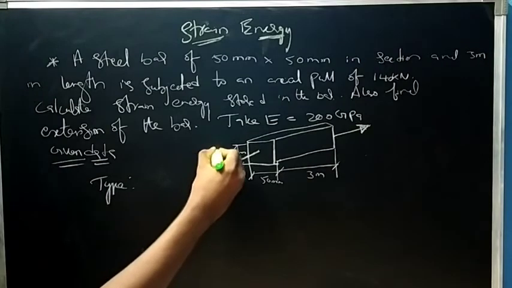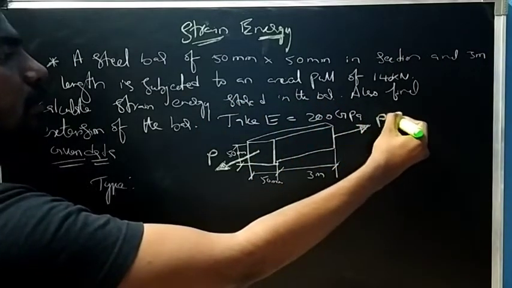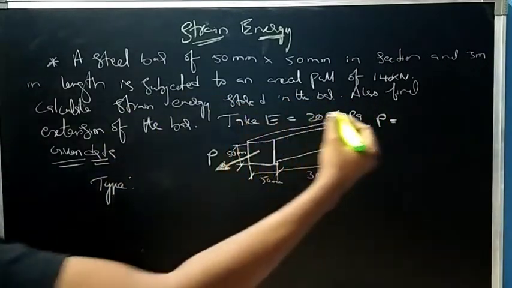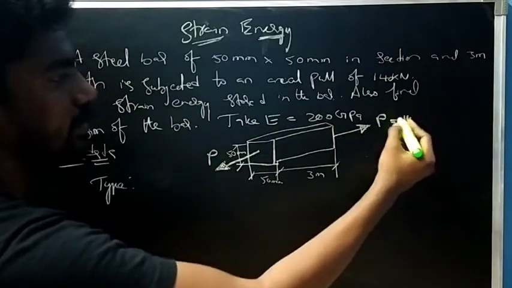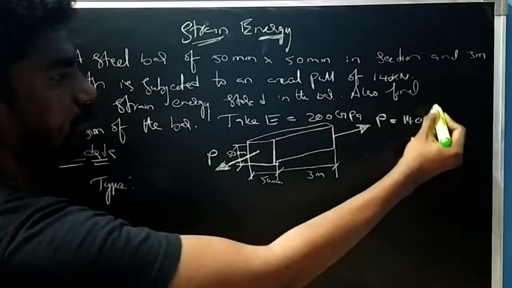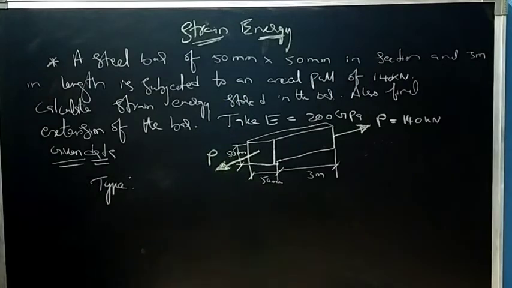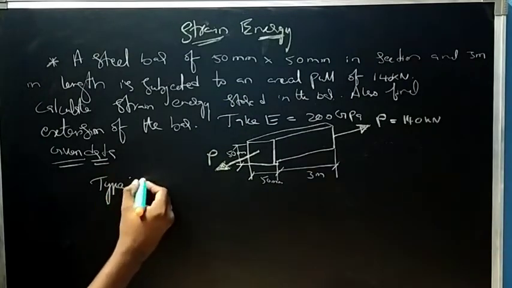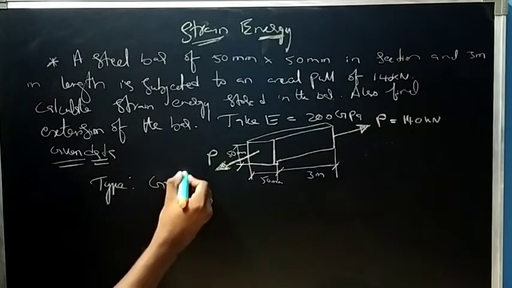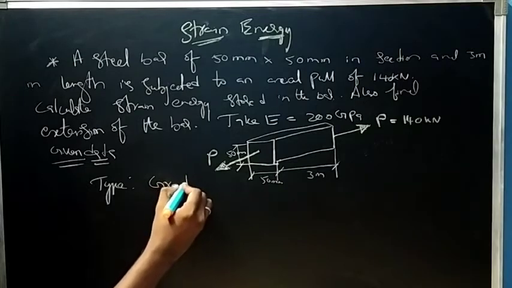The load P will increase step by step or gradually. In the question it is given as 140 kilonewton, so the type of load is gradually applied load.